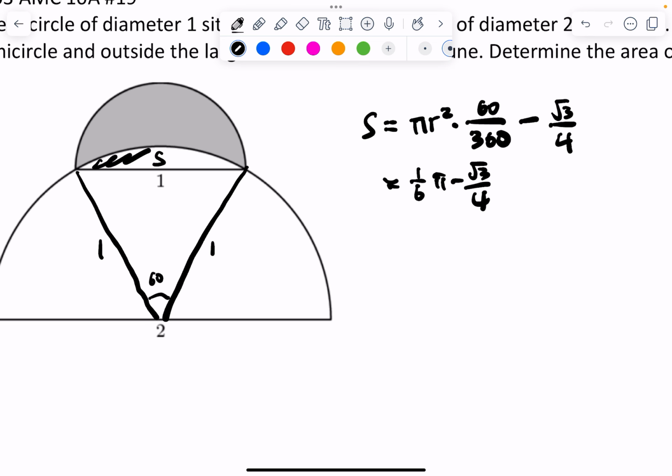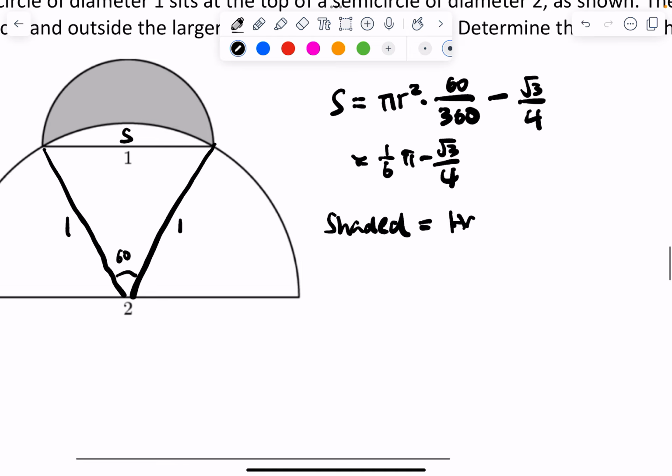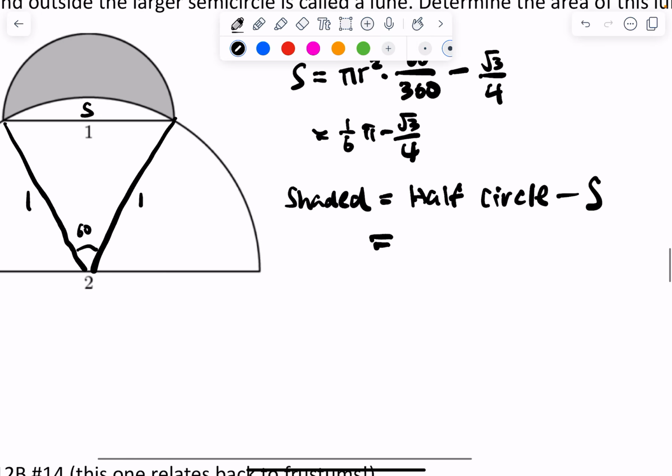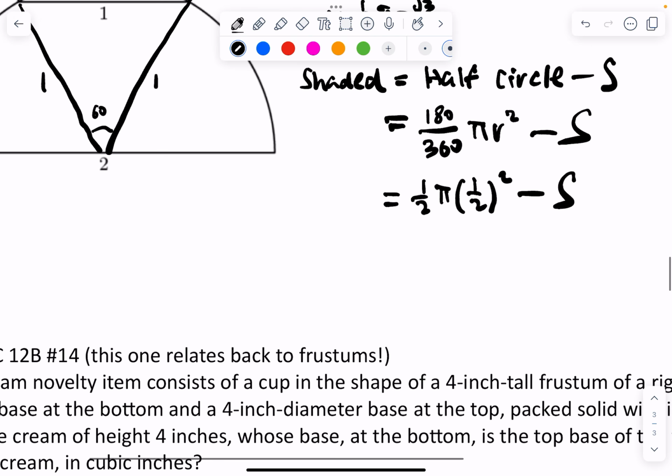But we're not looking for this area. We're looking for the shaded area. So the shaded area is equal to the area of the half circle minus this S. The area of the half circle is 180 over 360 times pi r squared, and that is equal to half pi times 1/2 squared, which is 1 over 8 pi.